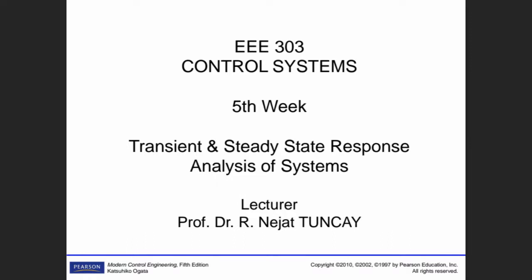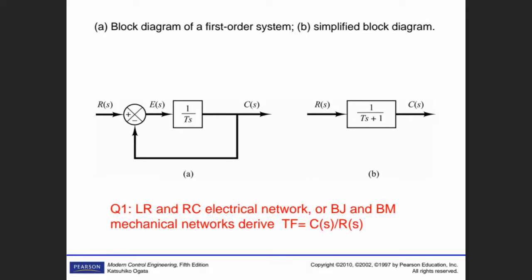Next week, we are going to start the transient and steady state response analysis of systems. For this part, we are going to look at RC and LR networks, electric networks, or mechanical friction inertia or friction mass networks.